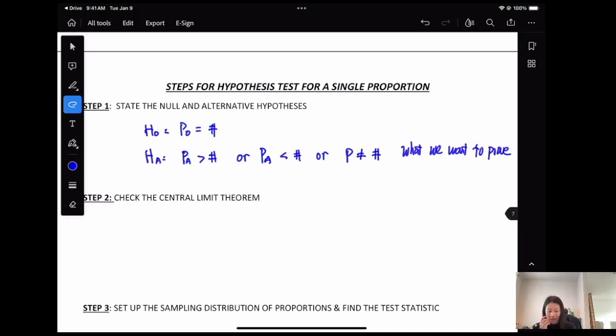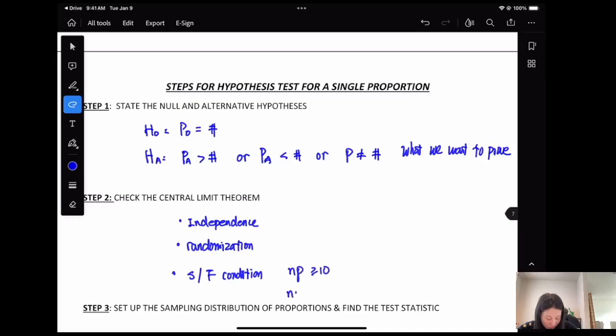Okay, second step is check the central limit theorem. They have independence, randomization, and the success and failure condition, which is n times p has to be greater than or equal to 10, n times q has to be greater than or equal to 10.